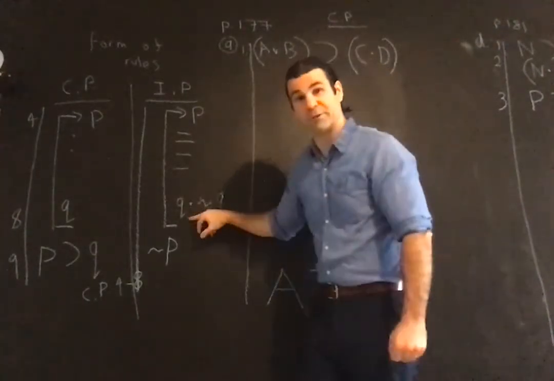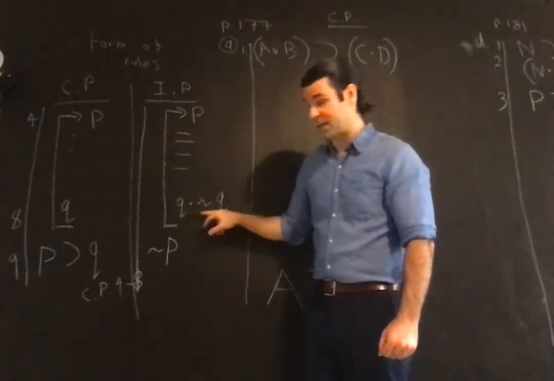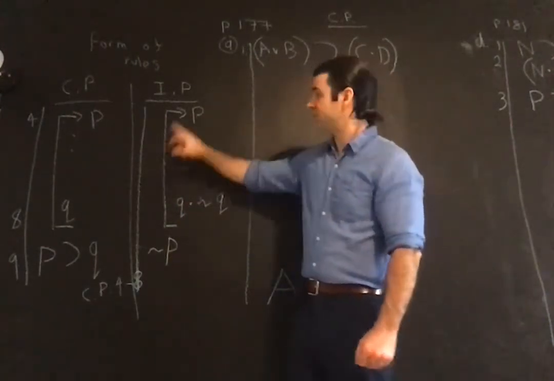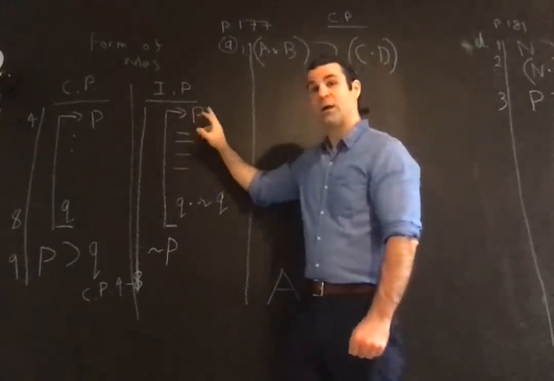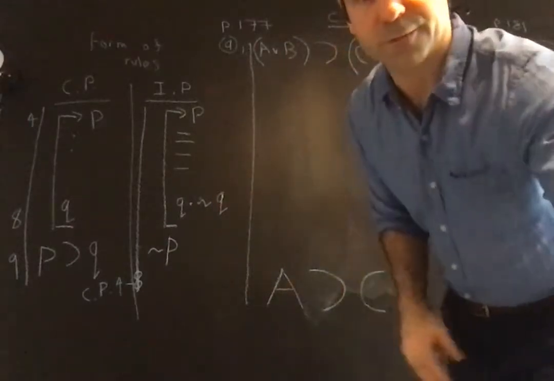But having derived a contradiction, conjoined the two sides of it, you're allowed to infer in the main line the opposite, the negation of what you assumed. You assume P, you infer not P. Notice that is the form of the rule.